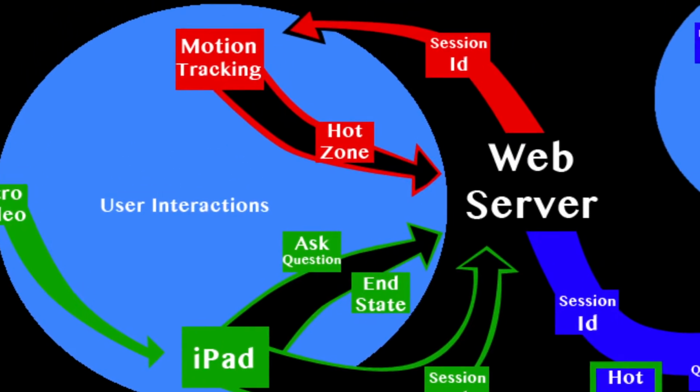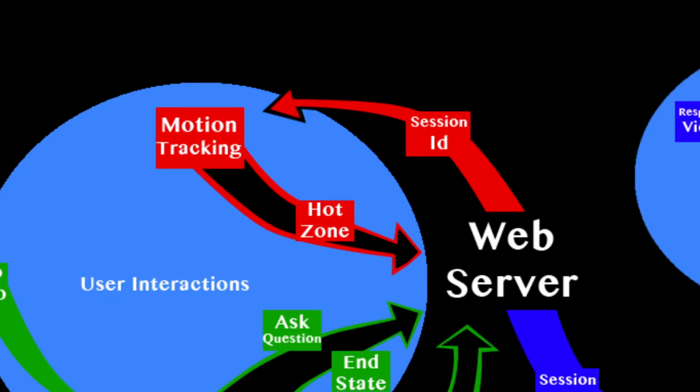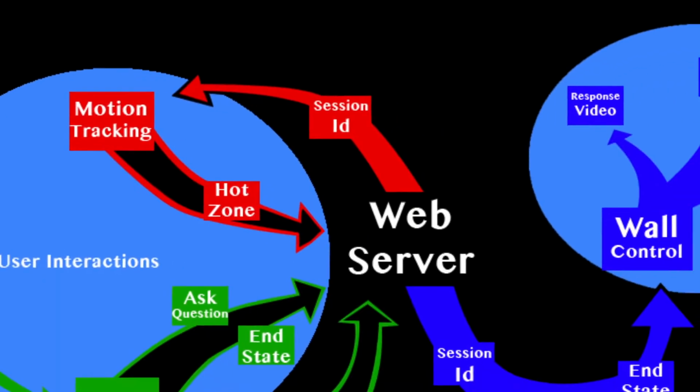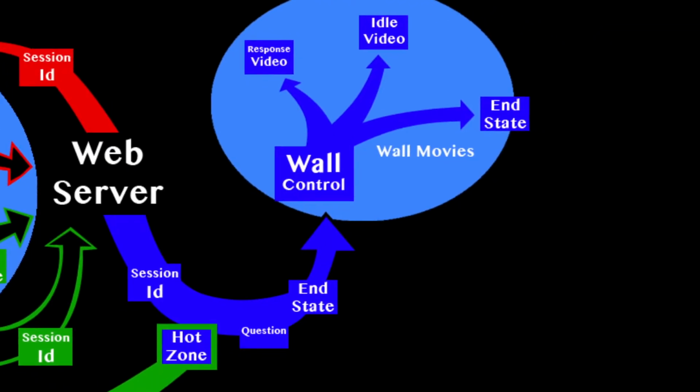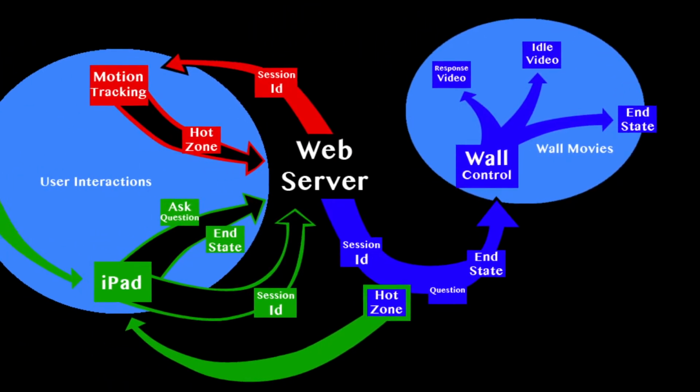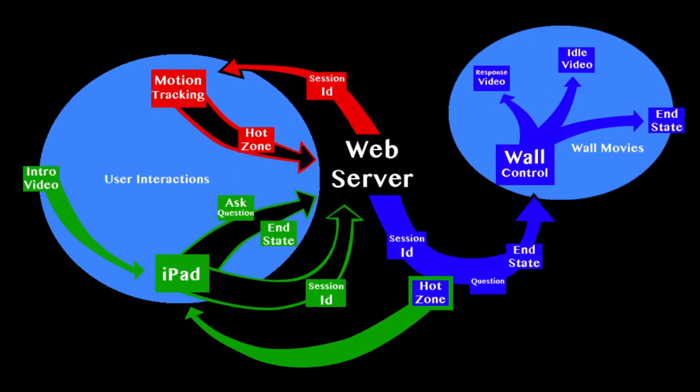The motion tracking is involuntarily tracking the user as they move around the room and triggering events when they enter certain hot zones. The wall control uses a session ID, hot zone event, questions, and end state to determine what video to play next. The web server is very central to everything we're trying to accomplish, and all information flows into it and out of it.